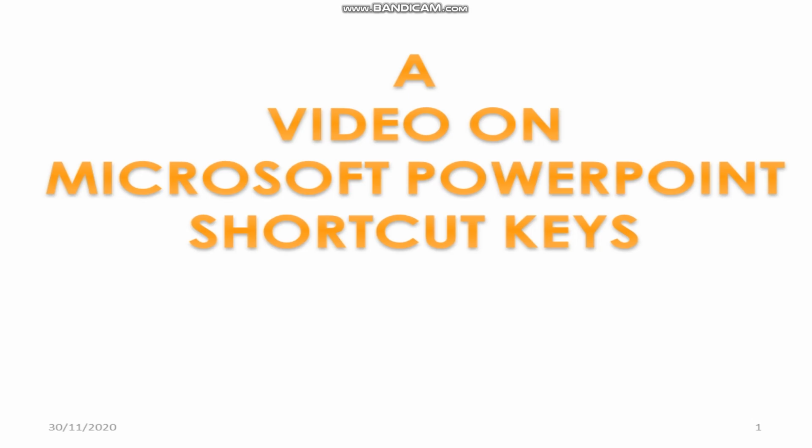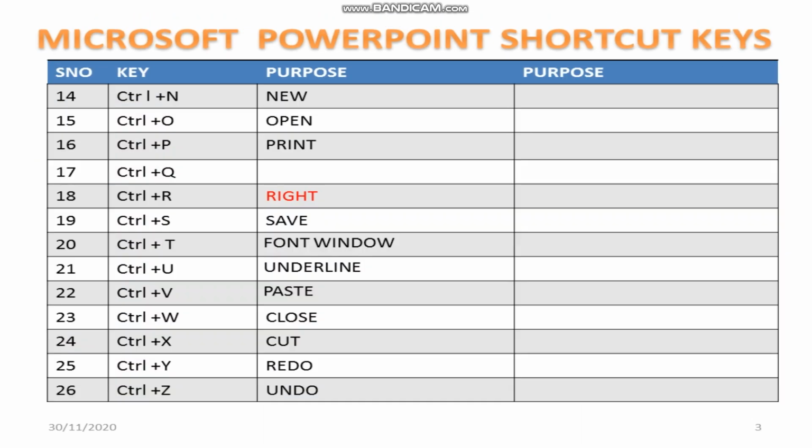Control O open, P for print. Control plus Q is not there. I searched many websites for Control plus Q. If it is there, please inform me or comment so that I can add. Control plus R right, S save, T font window, U underline, V paste, W close, Control plus X cut, Control plus Y redo, and Control plus Z undo. Okay, so in this way we can learn all the PowerPoint shortcut keys.